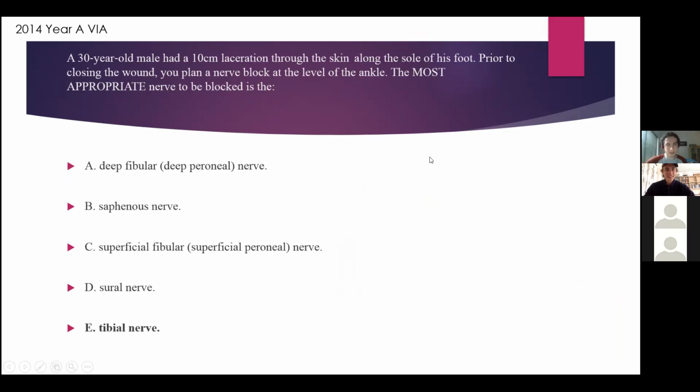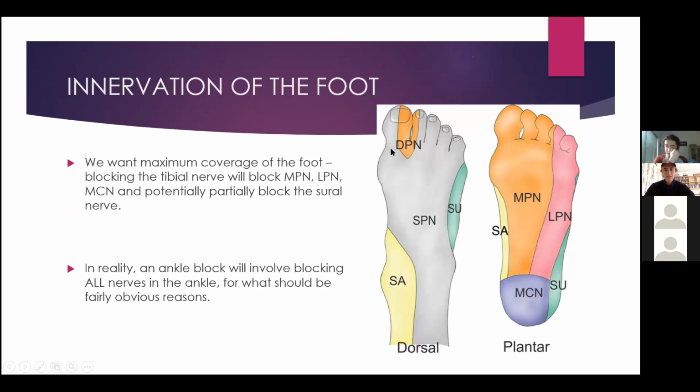So this one's the tibial nerve. Now, this is one of the worst questions I've ever seen because it's demonstrating everything wrong with the questions you get asked in pre-clin. In the real world, in the hospital, if you have an anaesthetist doing a regional block, an ankle block, they will never block just one nerve.